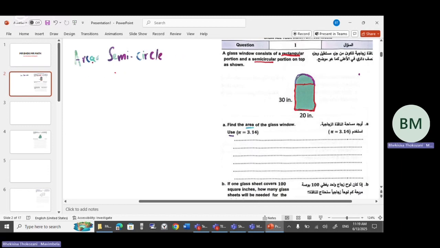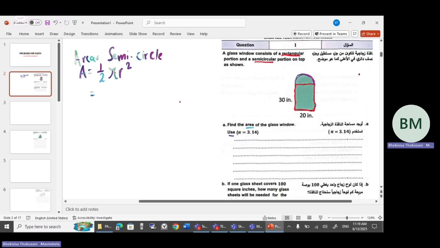A equals half pi r squared. That is the formula for the semicircle, okay? But if it's a full circle, it will just be pi r squared. Remember that. So let's do that one first.